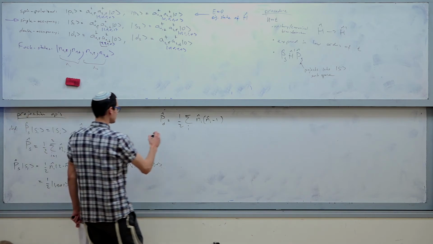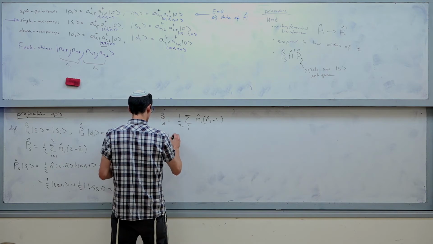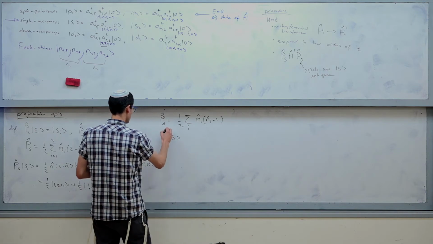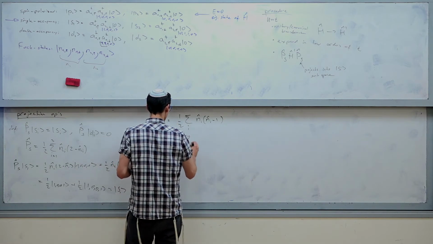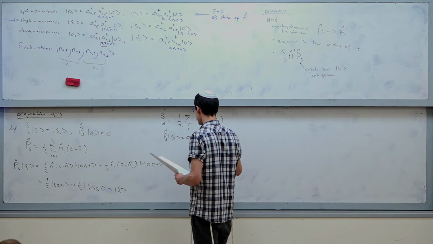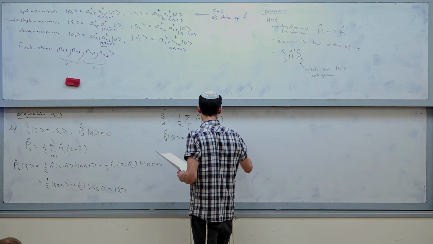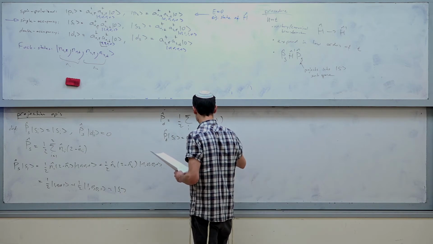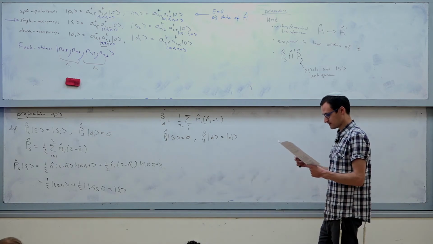And this, of course, has the properties that when it acts on either of the S eigenstates, the S Fock states, it annihilates them, and if it acts on any of the D states, it just returns the D state. So that's why these are called projection operators.